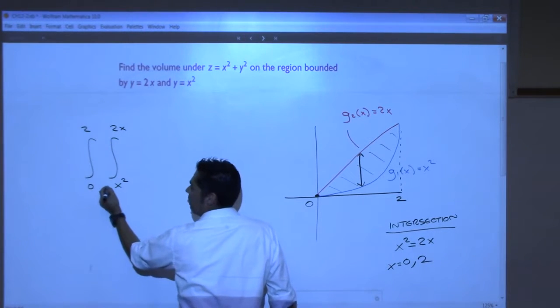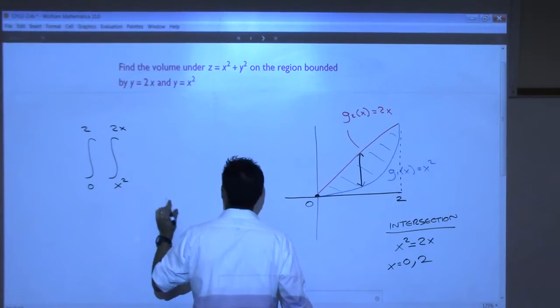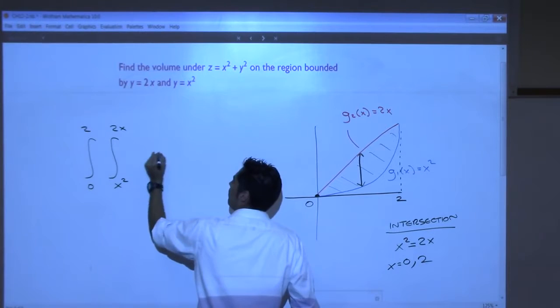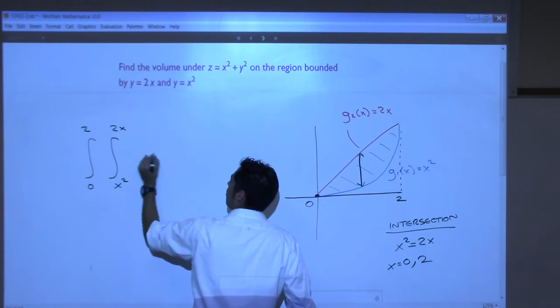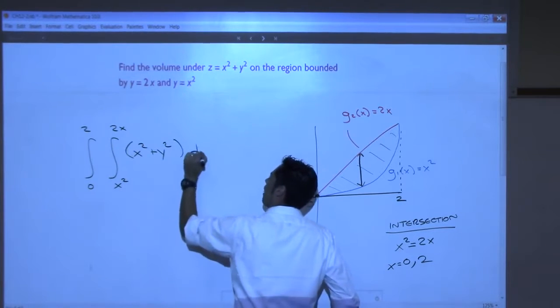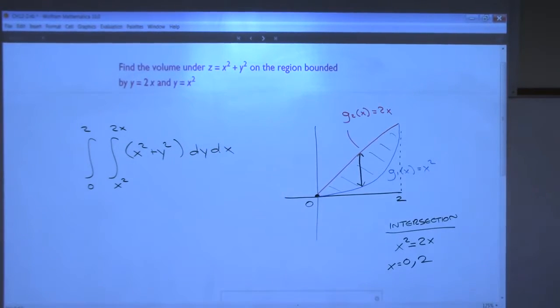You can even put y equals if you want: y equals x squared, y equals 2x, but I usually don't. The book doesn't either. What are we integrating? Yeah, that's our order. x squared plus y squared, and then dy dx. Okay? That's it.